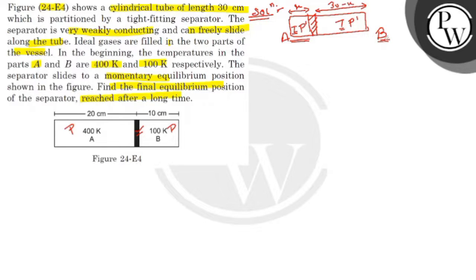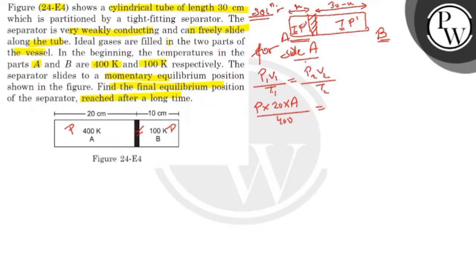So the combined gas equation for side A is P1 V1 divided by T1 is equal to P2 V2 divided by T2. Put all the values. P1 is P, V1 is 20 multiplied by A, and T1 is 400 Kelvin.